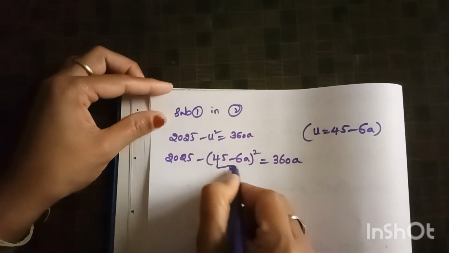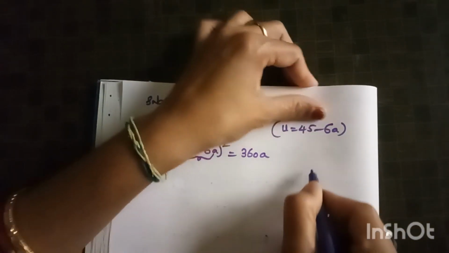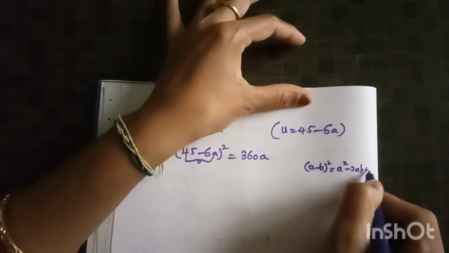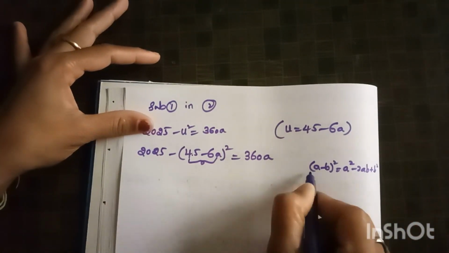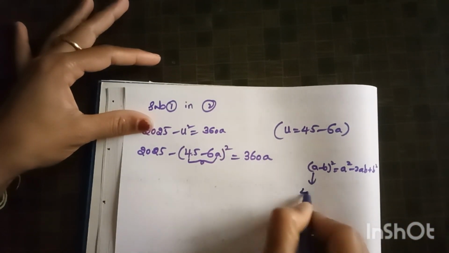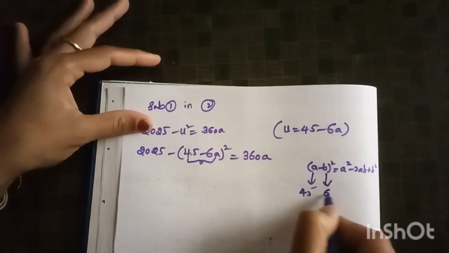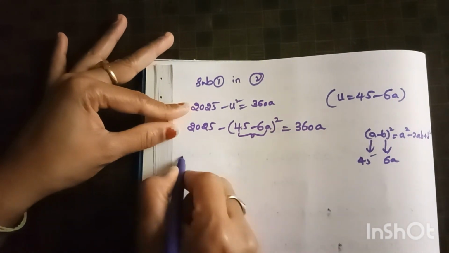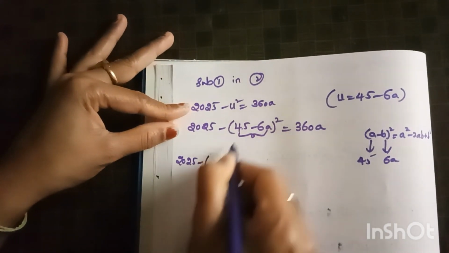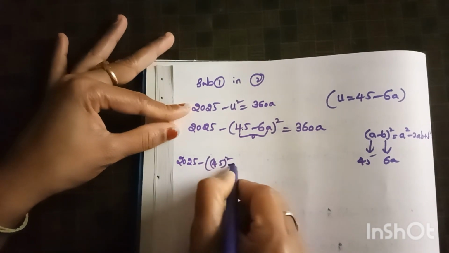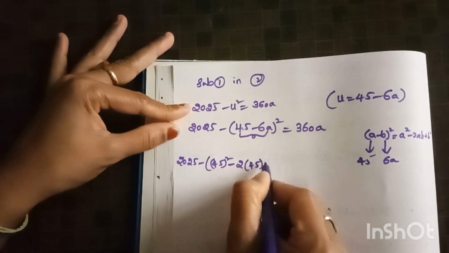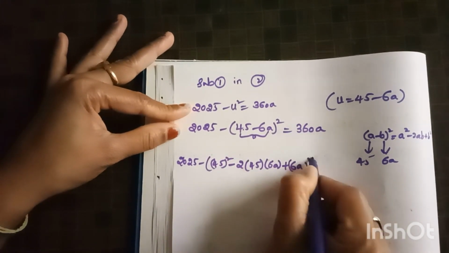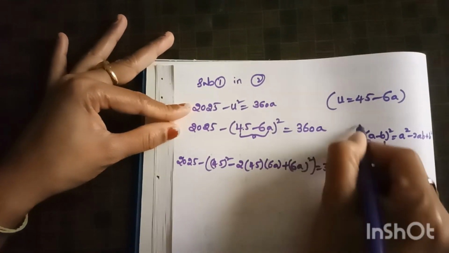So this is in the form of (a minus b) whole square. What is the formula of (a minus b) whole square? a square minus 2ab plus b square. Here in place of a we have 45 and in place of b we have 6a. So apply this formula to (45 minus 6a) whole square: 45 whole square minus 2 into 45 into 6a plus b square, which is (6a) whole square, is equal to 360a.